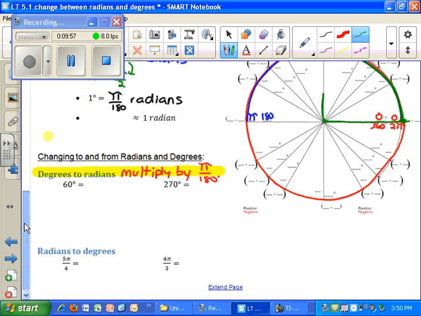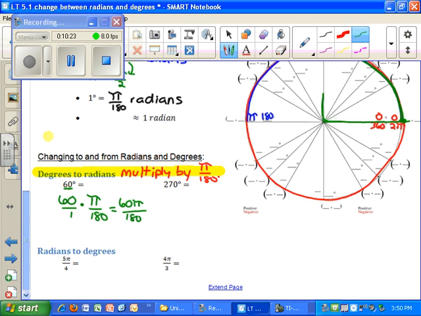If we have a 60-degree angle and we want to figure out how many radians are in 60 degrees, we would take that 60 degrees and I'm going to multiply it by pi over 180. And so when we're multiplying fractions, we're going to multiply the numerators and get 60 pi and multiply the denominators. So we'll write that over 180.